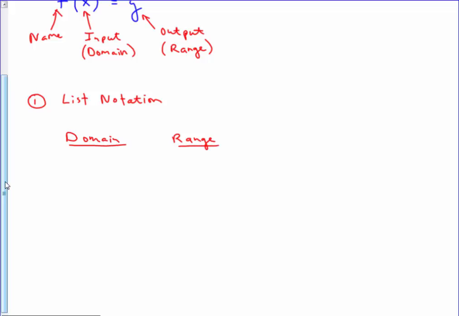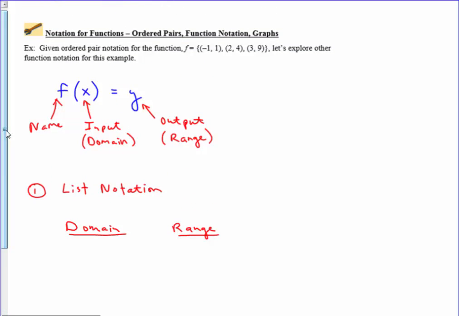So in this particular example, the domains were -1, 2, and 3. And then the range elements were 1, 4, and 9. And then you're going to make the assignments by using arrows. So -1 went to 1, 2 went to 4, 3 went to 9.